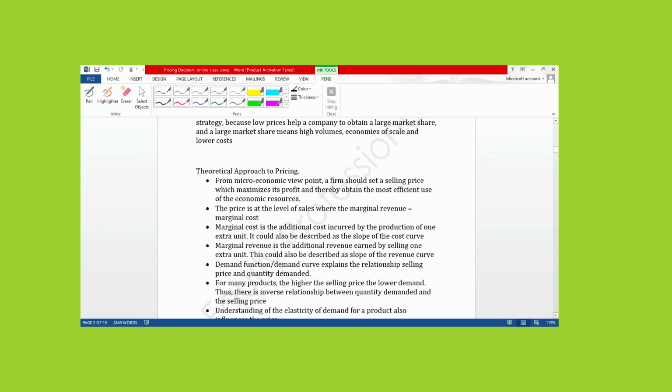Marginal cost is the additional cost incurred by the production of one extra unit.